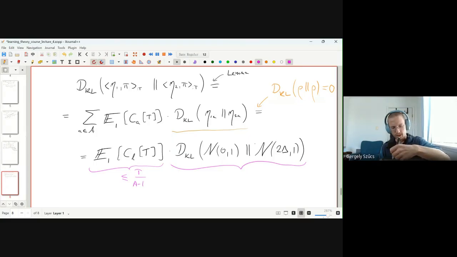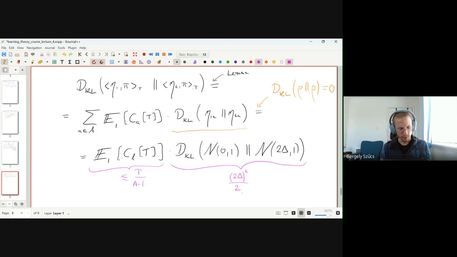As I mentioned, the main reason we're doing normal distributions here instead of Bernoulli is so that this KL divergence is pretty easy to compute, and it comes out to be the difference in means squared over 2, which is 2 delta squared over 2.